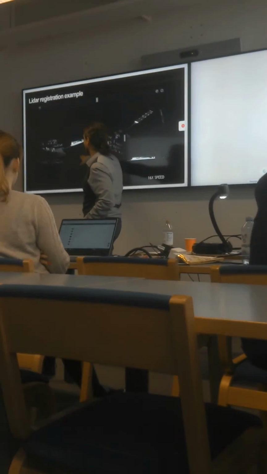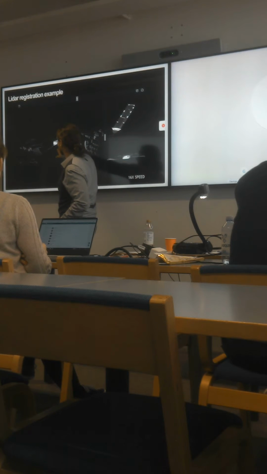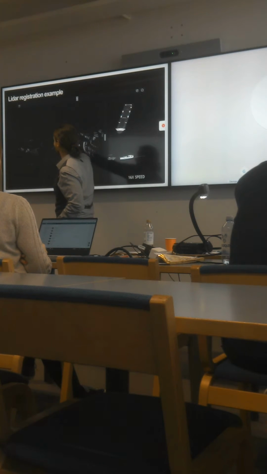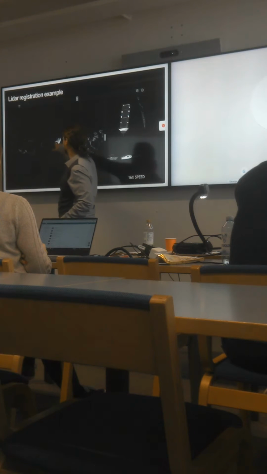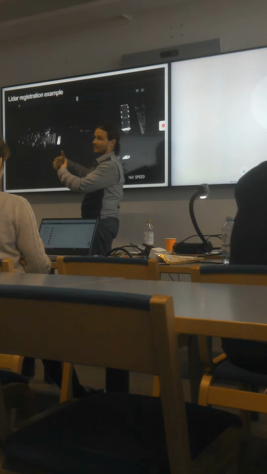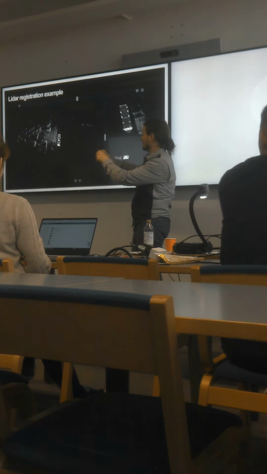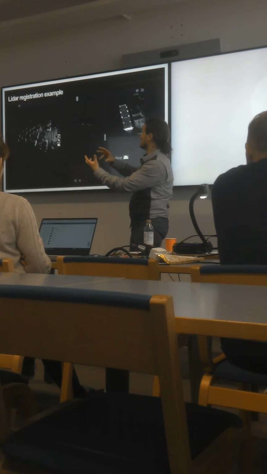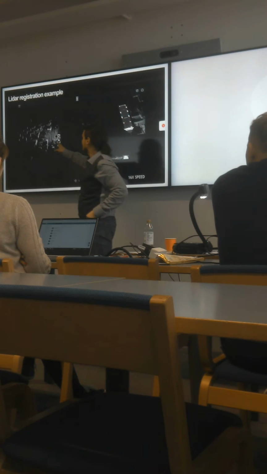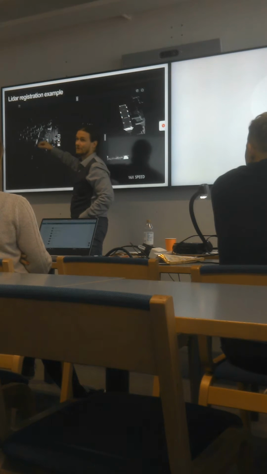It is scanning the harbor area continuously, and you need to do registration to combine these points. Since the ship is moving, if you didn't do registration, all of this would just be a blur, because the points would be left where they were a while ago, and you could not distinguish anything. Basically, it is correcting for the ship's movements and putting each of these points to the correct position.